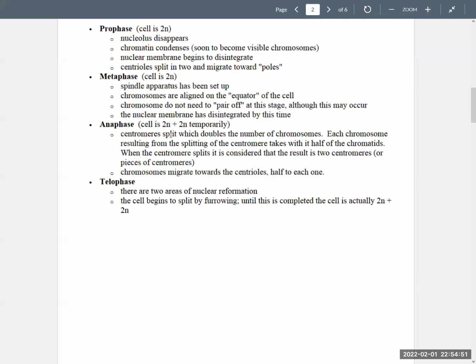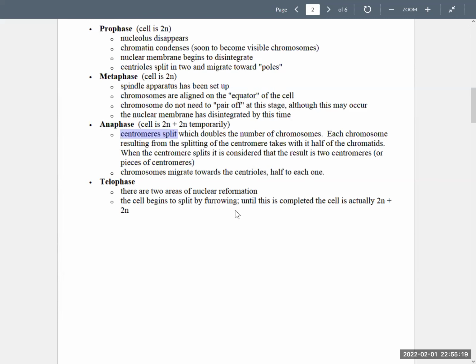The centromeres split. If you could underline this somehow for yourself, I should underline it, make it bold. The centromeres split. That doubles the number of chromosomes. Each chromosome that results from the splitting of the centromere takes with it half of the chromatids.